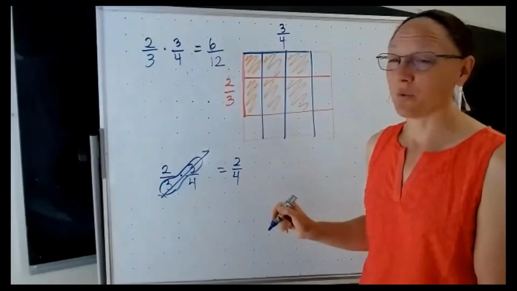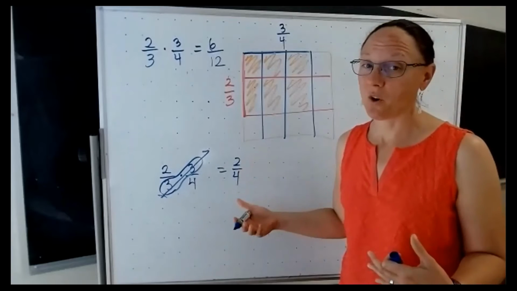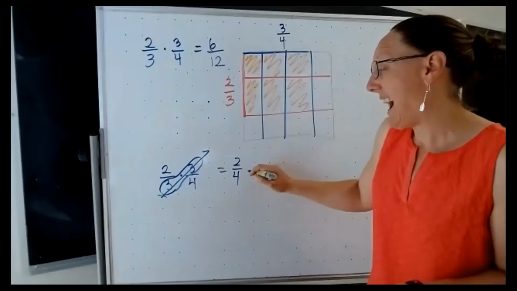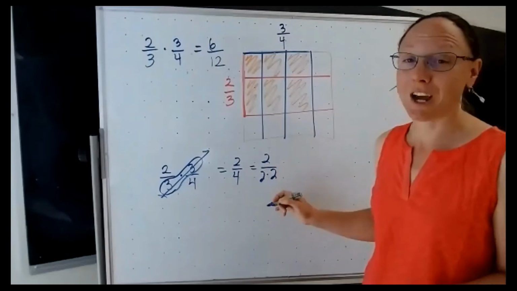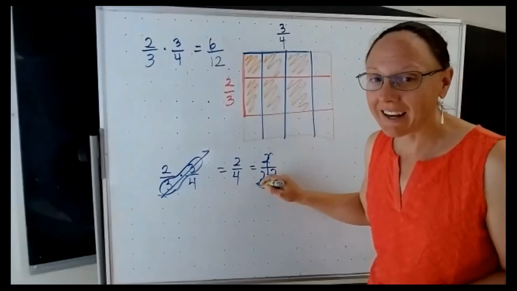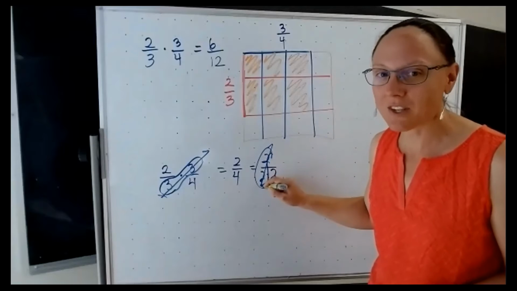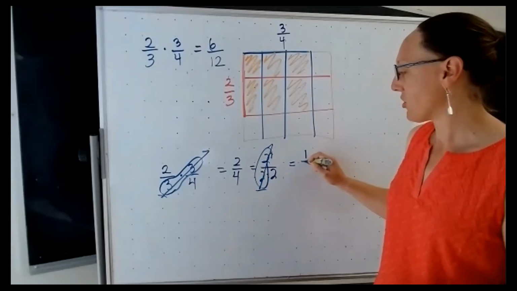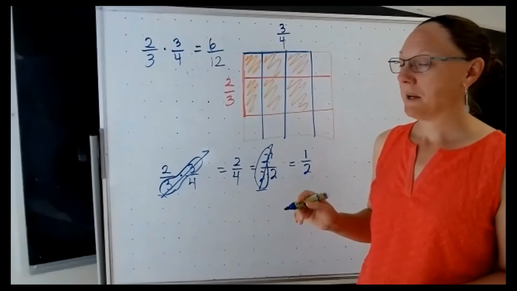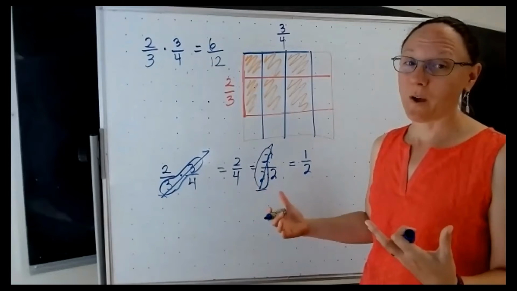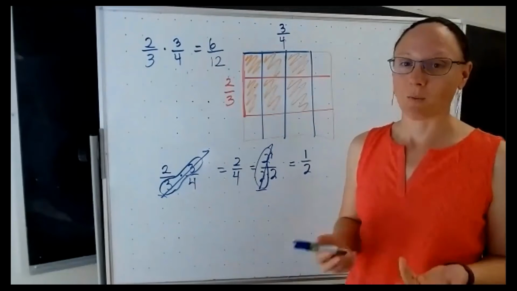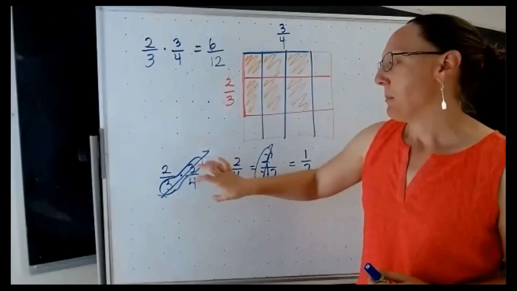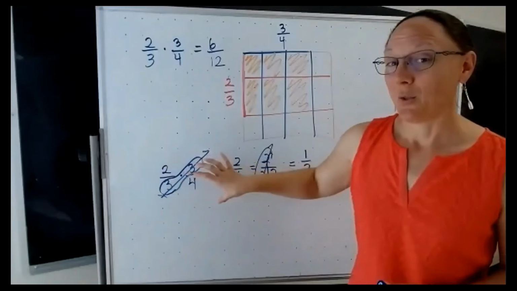And then get down to 2/4, and I can think about 2/4 and either break the 4 apart to be a 2 times 2, so that I get a 2/2 that's equal to 1, and eventually get to this 1/2.